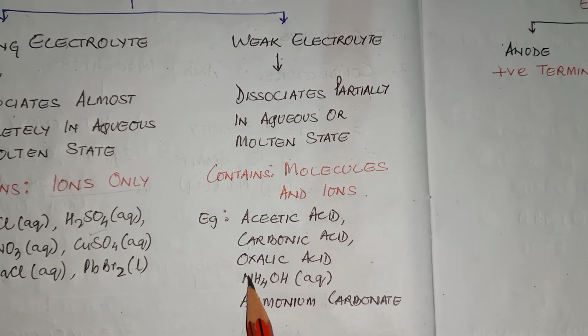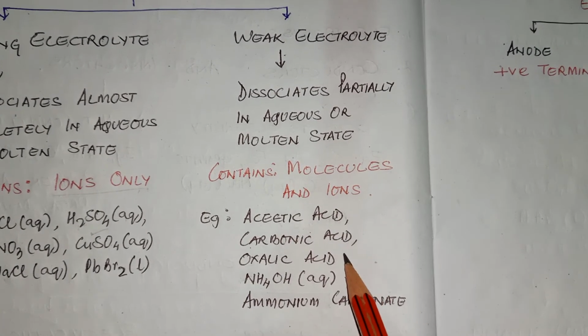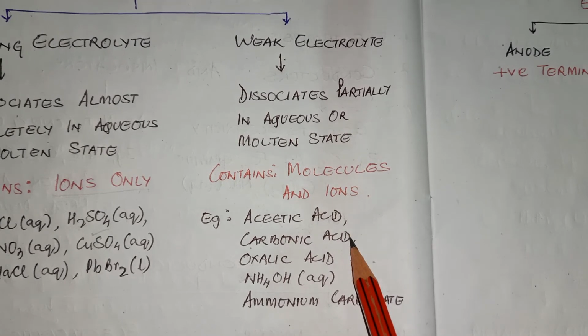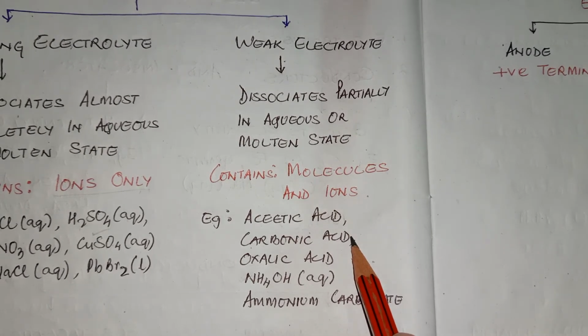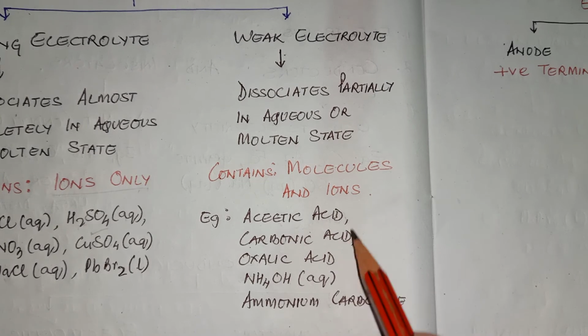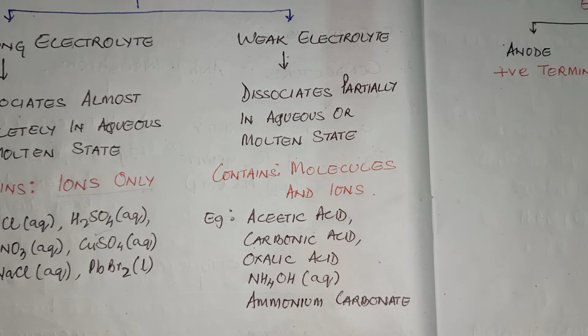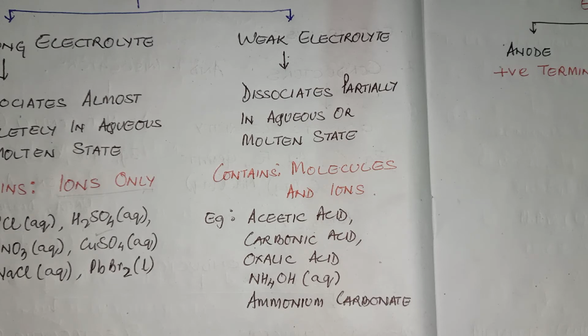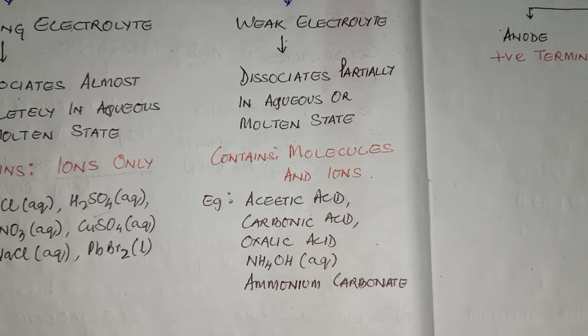This is a weak alkali. Carbonic acid is a weak inorganic acid, and the other two are organic acids. We all know that organic acids are weak acids, as we learned in our acid, base, and salt chapter. Ammonium carbonate is also a weak electrolyte, and it is a salt.